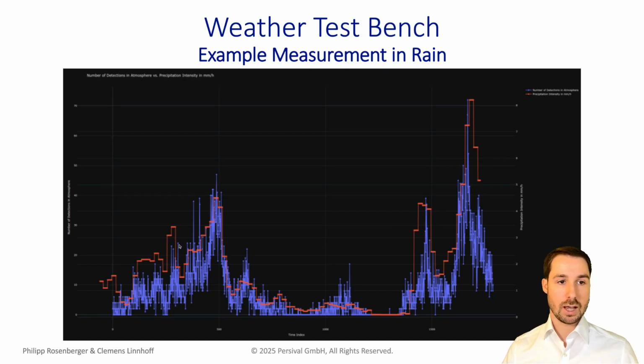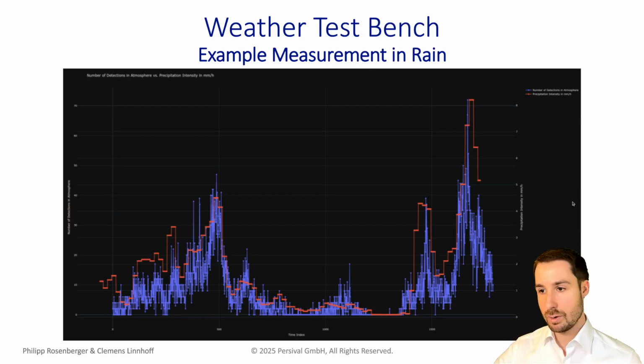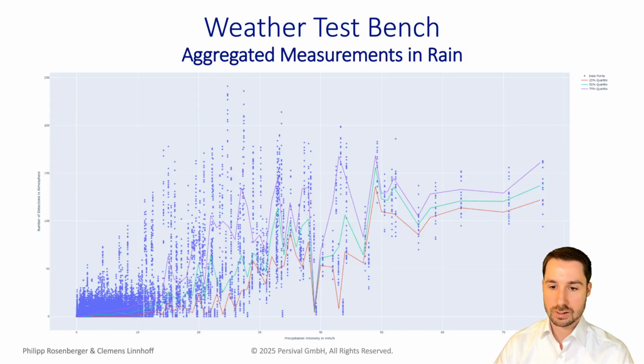And now we can take a whole lot of these measurements that are automatically recorded, and we get these combinations of points. So we get one value for the precipitation intensity and one value from the sensor, the number of detections in the atmosphere. And we can aggregate that over a whole lot of measurements and sort that by intensity, and then we get these kinds of curves.